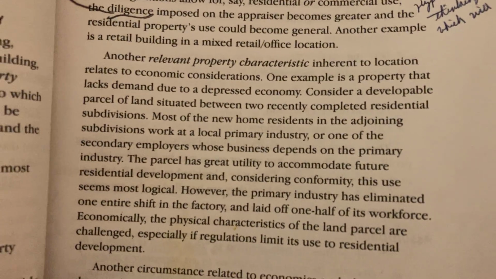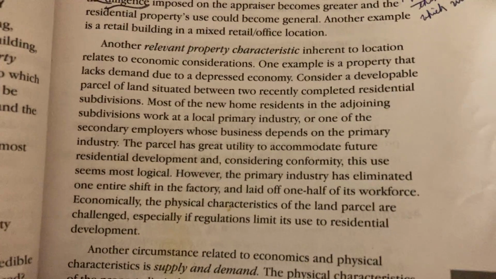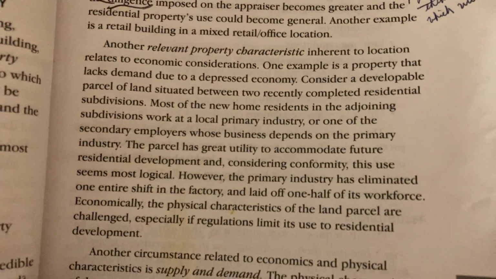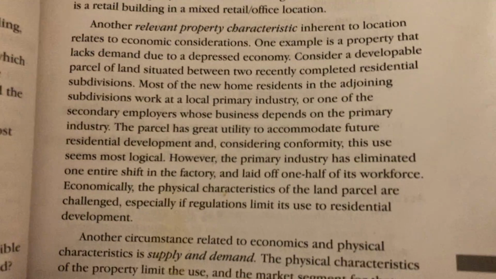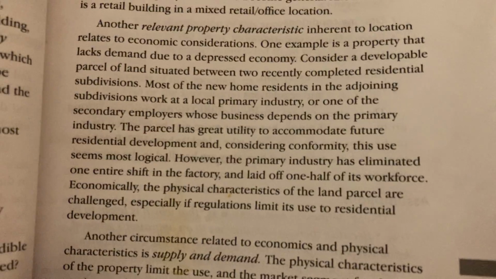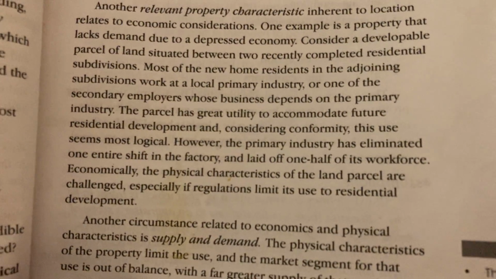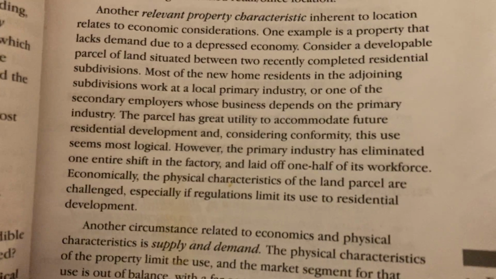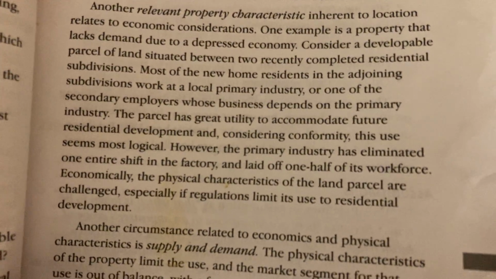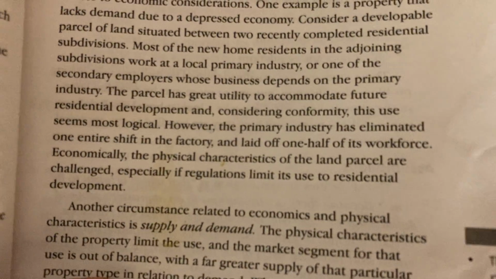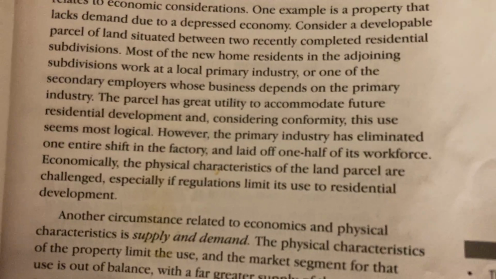in the adjoining subdivisions work at a local primary industry or one of the secondary employers whose business depends on the primary industry. The parcel has great utility to accommodate future residential development, and considering conformity, this use seems most logical.